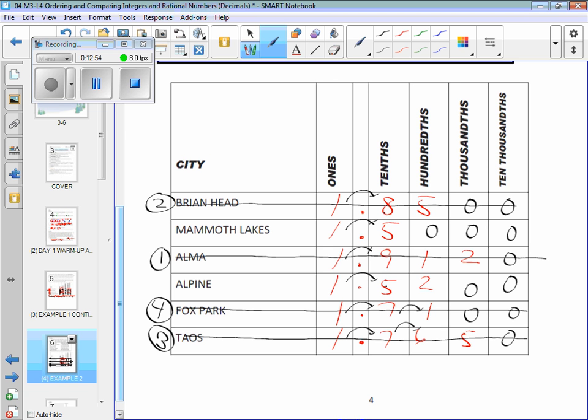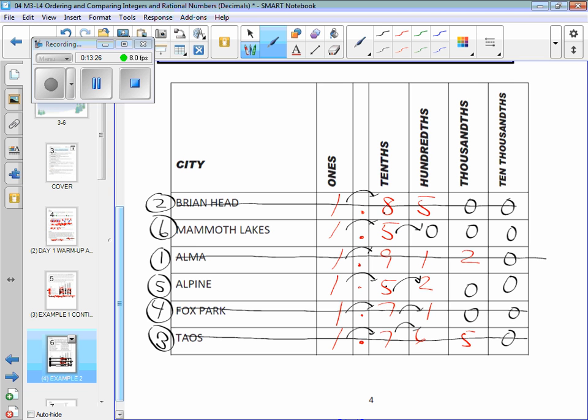No, because these were both 1.7, which is higher than 1.5. So now, between my last two, I'm looking at 1.5, and another 1.5. I need to go to the next place value. So between Alpine and Mammoth Lakes, what's the next one? That would be Alpine, yes. Which automatically makes Mammoth number 6. Okay?